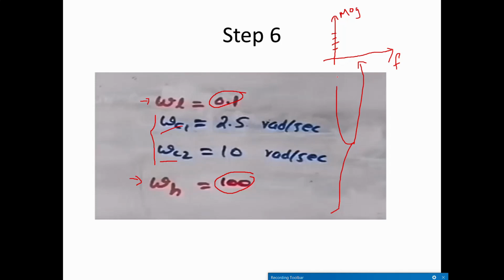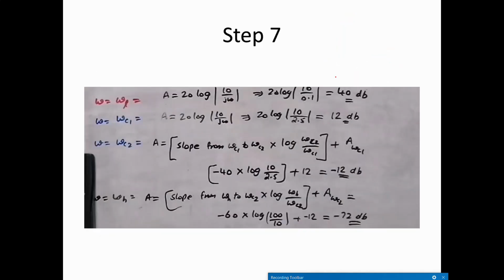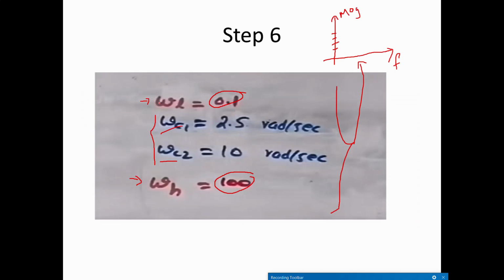To find out the magnitude for a given frequency, we have to use a formula.